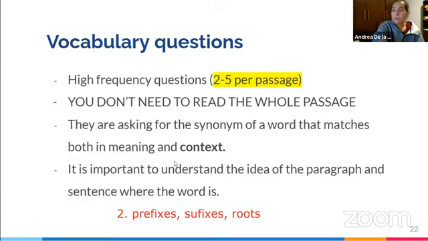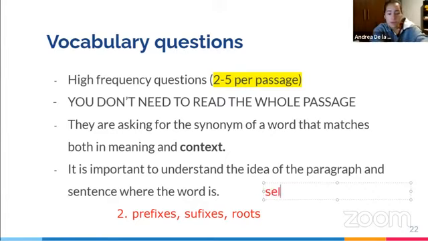For example, if you know the word heart, you know what it means. But if you've also learned the suffix less, then you already know what heartless means, right?